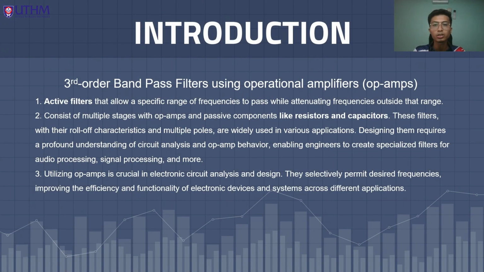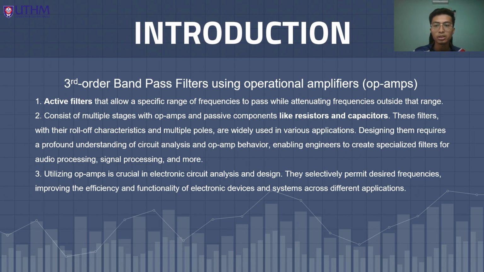Okay, we're going straight to our introduction, which is about third order band pass filters using operational amplifier. For this presentation, I will refer to them as op-amps. Straight to active filters. This band pass filter is an active filter. There are 2 types, passive filters and active filters.